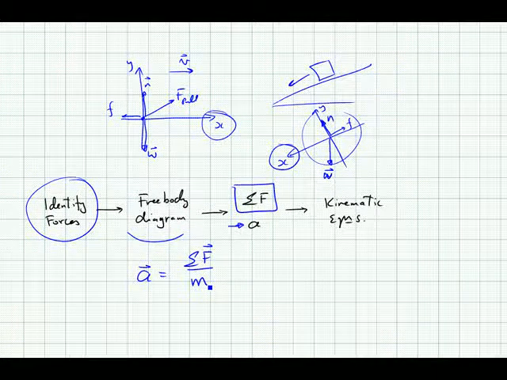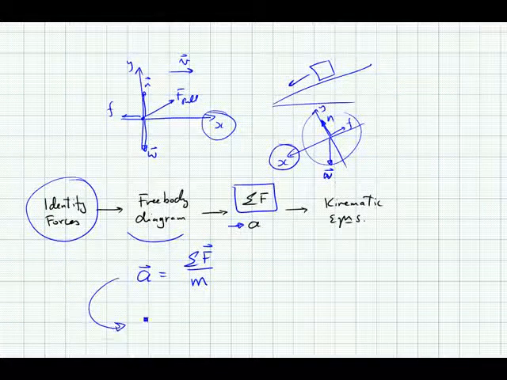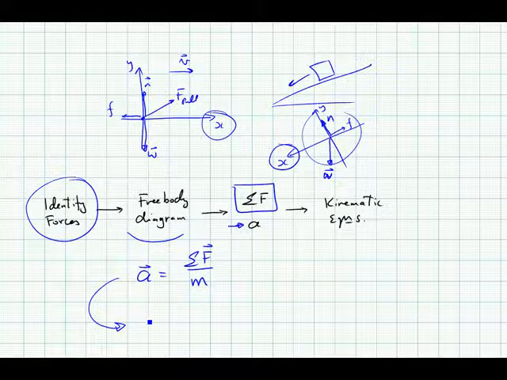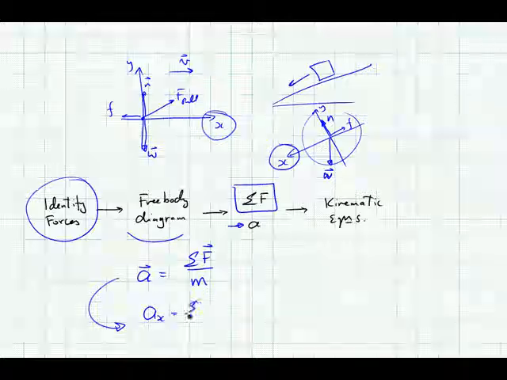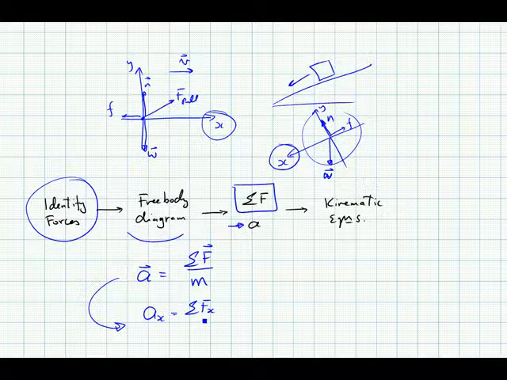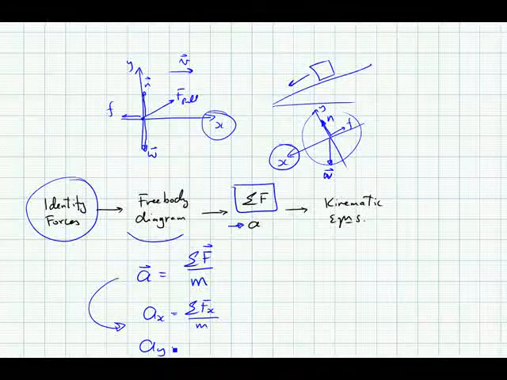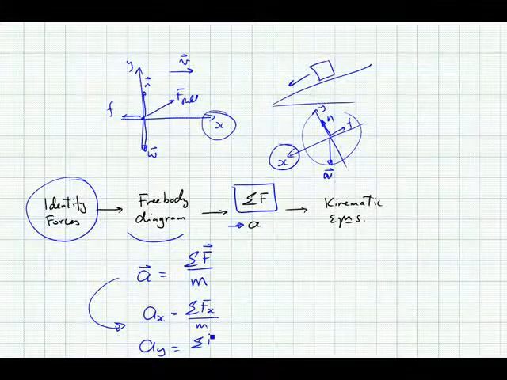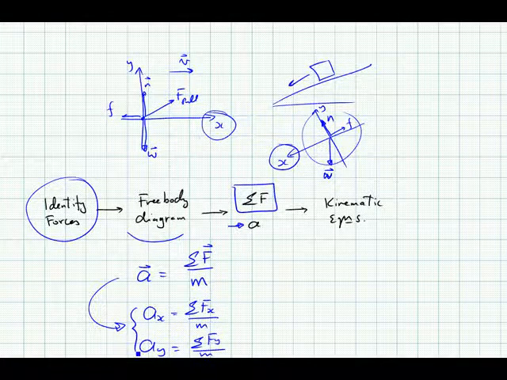Now, do bear in mind that this is a vector equation, which means that if you're dealing with the xy coordinates, then acceleration along x is given by the net force along the x direction divided by mass, and the acceleration along the y direction is given by net force along the y axis divided by mass.